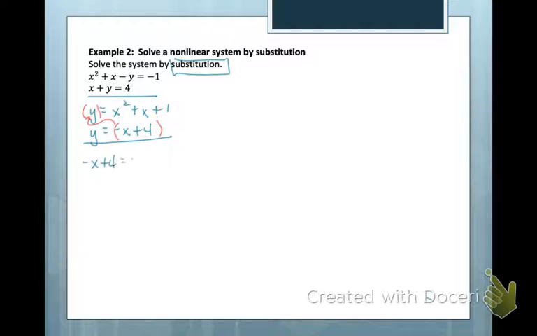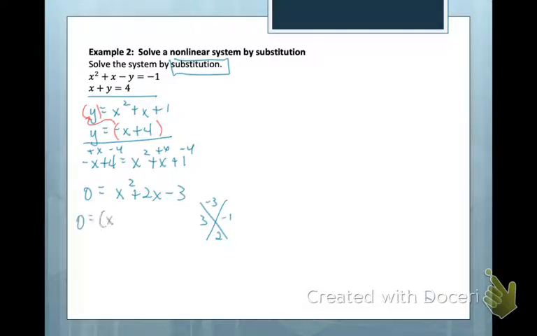So we have negative x plus 4 equals x squared plus x plus 1. Let's move everything over to the right side of the equation. So 0 equals x squared plus 2x minus 3. Now let's first see if we can factor, and I believe we can, because two numbers that multiply to give us negative 3 and add to give us 2 are 3 and negative 1.